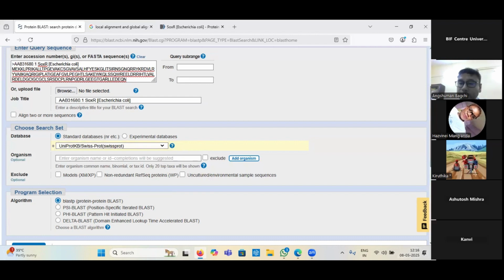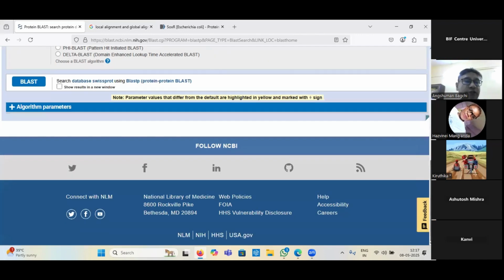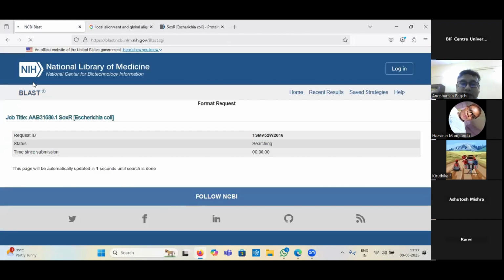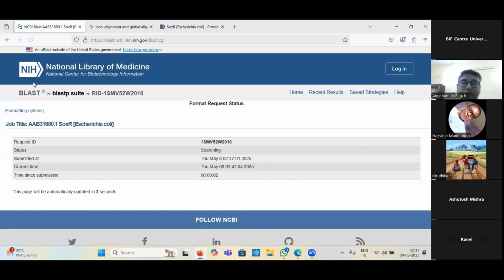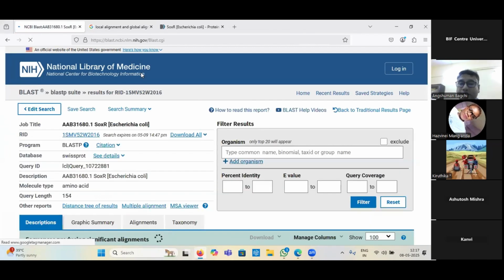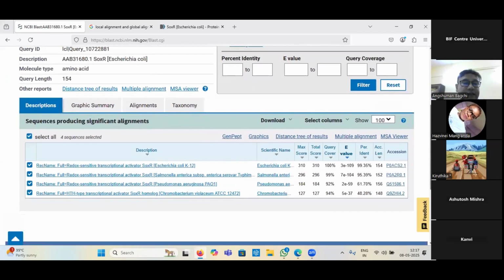And there are several options. We have the BLAST-P, and then there is this option, BLAST. The result will come, but it takes some time because it is searching against all these, and these are the results.